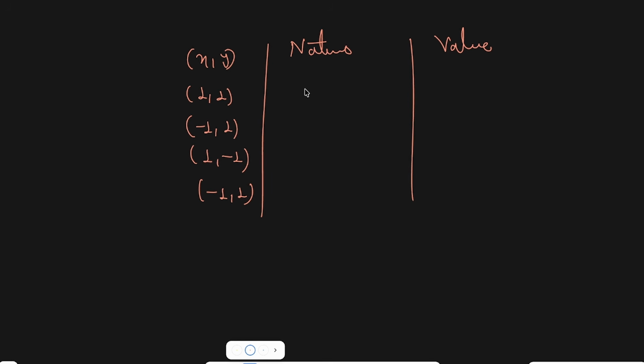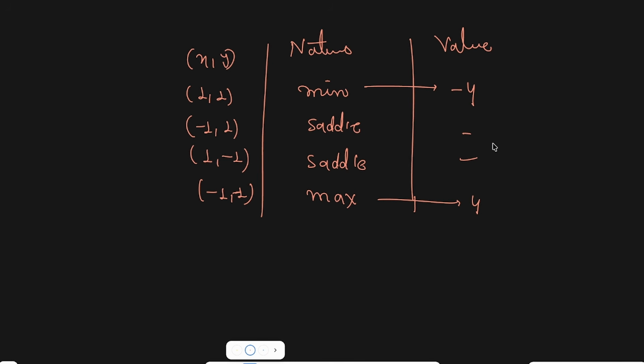So (1, 1) is a minimum, (minus 1, minus 1) is a maximum, and the other two are saddle points. The minimum value is minus 4, the maximum value is 4, and these are the saddle points. This is the proper way to find the solution for this question.